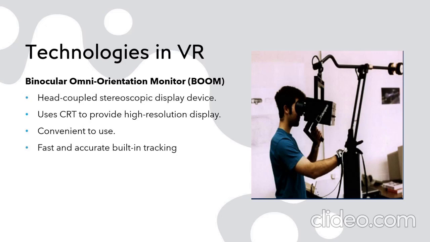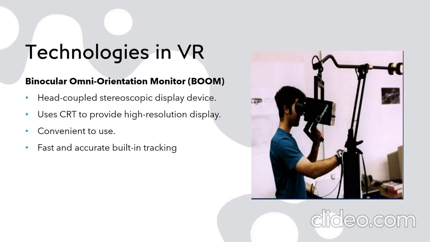And the primary difference between HMDs and BOOM technologies is how they deliver the immersive visual experience in virtual realities. Basically, HMDs contain a headset, but in BOOM we have one large helmet-like thing. In HMDs, sensors will track our head movement and adjust the graphics inside that headset.